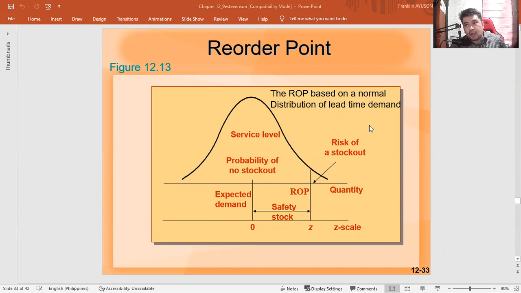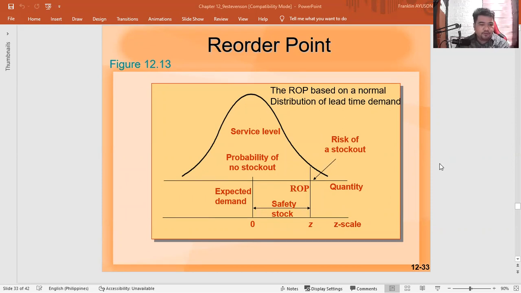Okay, meaning to say, we are in consideration of our demand, we are expecting demand, so papasok na rito yung forecast, at papasok dito yung consumption ng ating production with regards to the demand in our forecast. Yan. So we are also considering that upon our reorder point, to avoid risk of stockouts, meron tayong safety stocks. Okay? Meron pa rin tayong quantity na hawak to avoid that zero, or stock-out scale wherein there's no stocks. And again, we cannot serve our customer during that time.